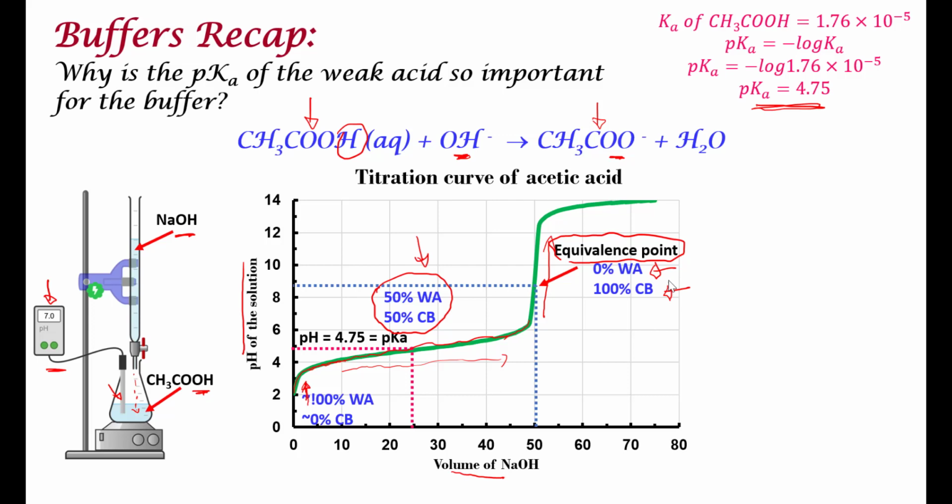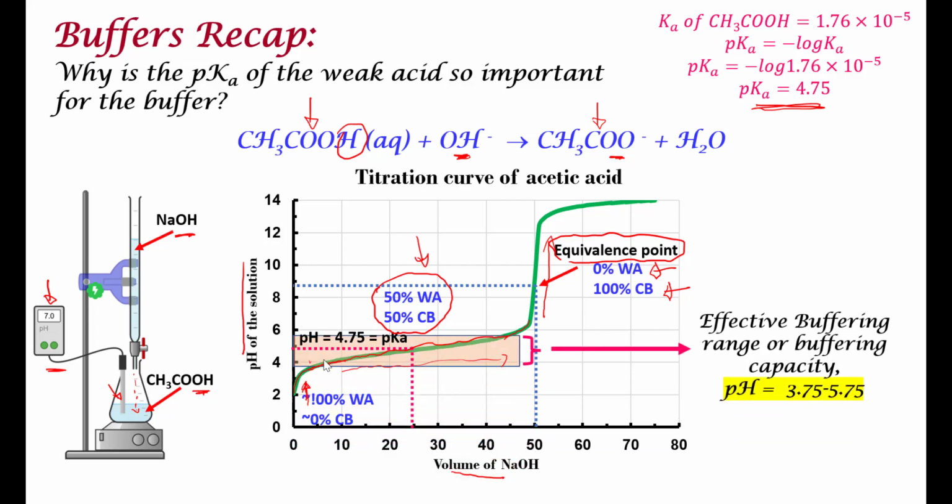But the most important thing to note for us here, from the perspective of the buffer, is that we know a buffer is any solution that is going to resist change in pH. So if you want to bring that into context, if you look at the titration curve, the place where we are seeing very little change in slope is this particular region over here, the one in the orange colored box.